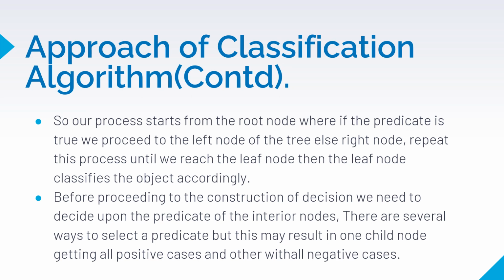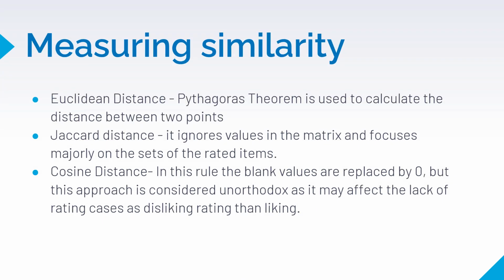Moving on, let us discuss the methods of measuring similarity. Euclidean distance, Jaccard distance, and cosine distance are the three methods that I would like to discuss today. Euclidean distance is nothing but finding the distance between two points using Pythagoras theorem.